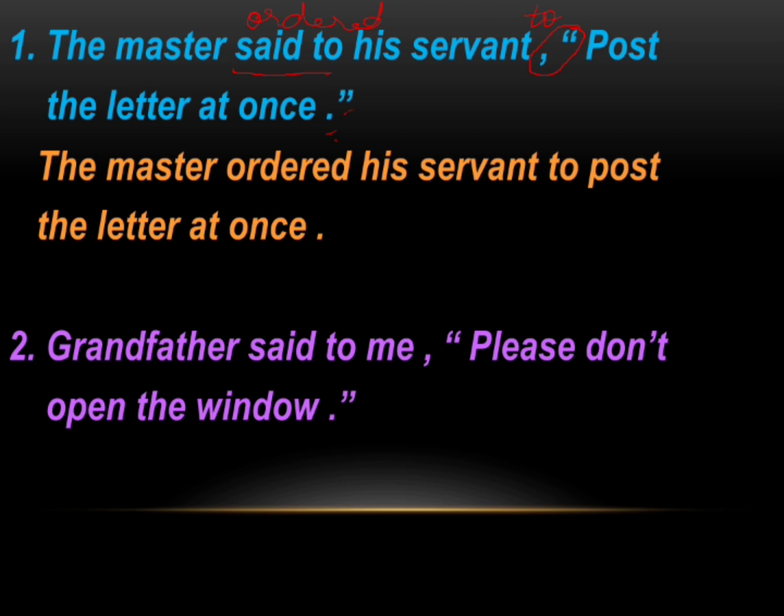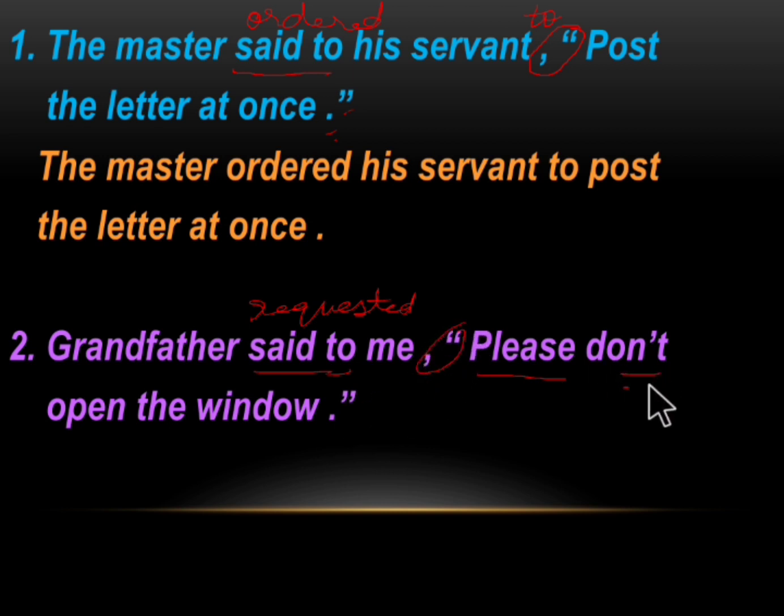The next sentence. Grandfather said to me, "Please don't open the window." Since we have "please" here, it is a requesting sentence. So, grandfather requested me. Now, we remove this punctuation.